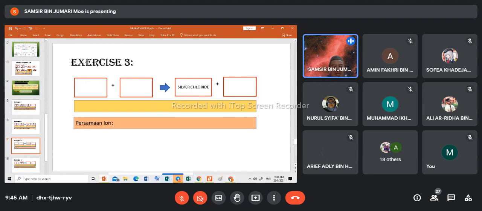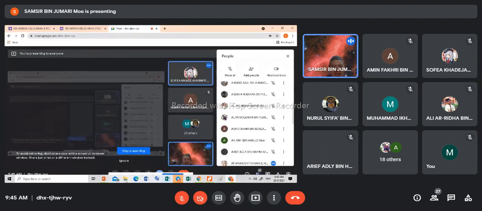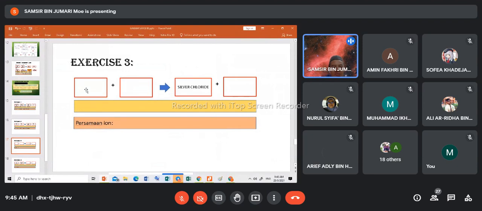Ada Atira ni? Okay. Cuba. Kalau silver nitrate boleh cikgu? Yes, silver nitrate. Okay, very good. And the other one? Silver nitrate saja, janganlah, silver nitrate solution mesti perkataan kena ada. Silver nitrate solution and the other one?